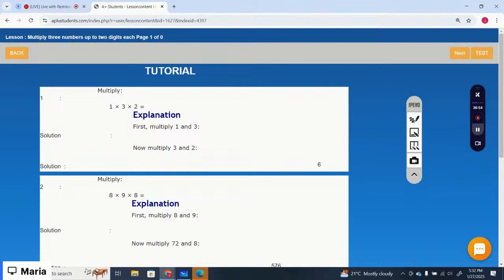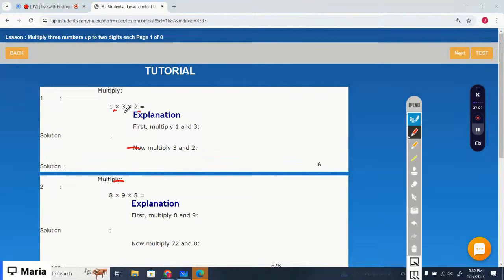Two times three times one. So you are going to multiply three numbers. How do you multiply? You always make a pair of numbers and then multiply. 3 times 2 makes 6. And then you can do 6 times 1. So always multiply the numbers in the form of pairs.